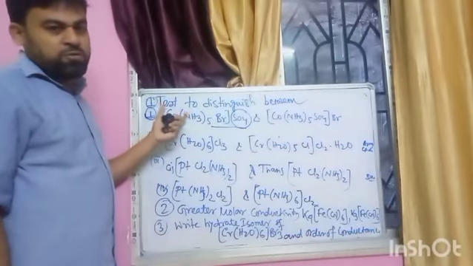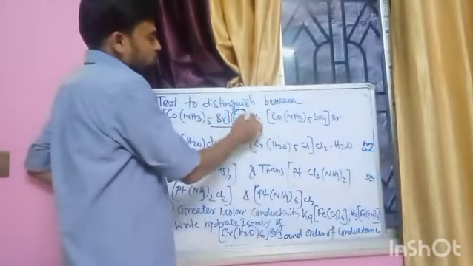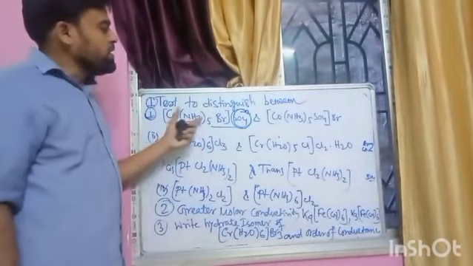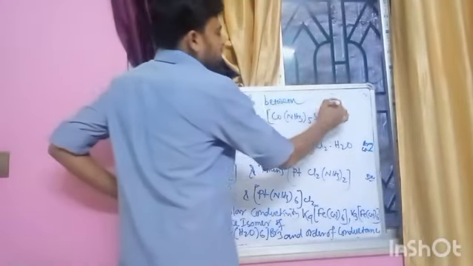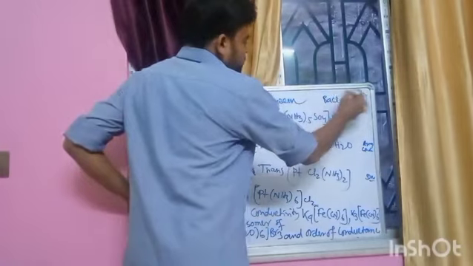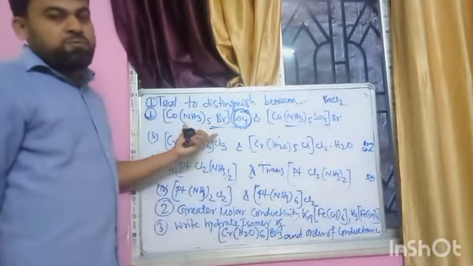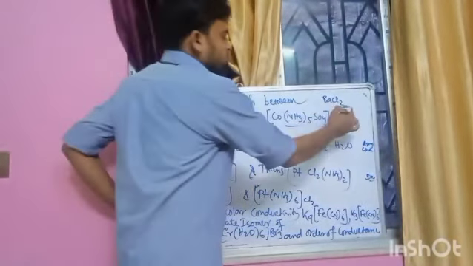To distinguish between them, in one compound SO4 2- is outside the bracket, so it gives the reaction of SO4 2-. If we add BaCl2 solution in both cases, in the first case BaSO4 precipitation occurs, which is white in color.